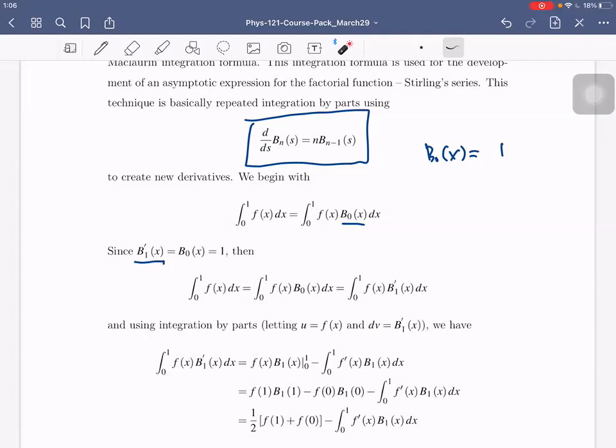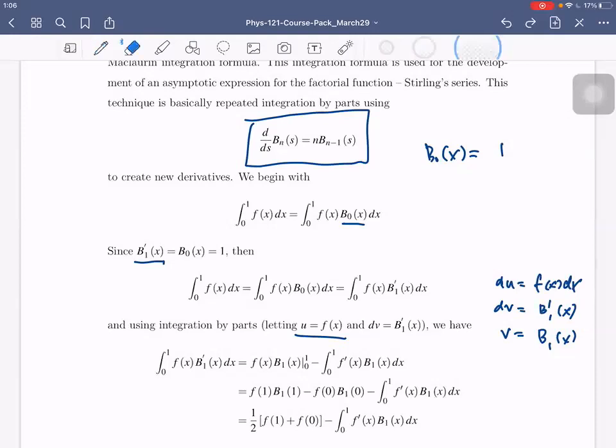So therefore, your du is f prime of x dx. If we do that, u is f of x, du is f prime of x dx, and dv is b sub 1 prime of x dx. So your v is b sub 1 of x, since that is the first derivative. Okay, let me rewrite this so it looks better.